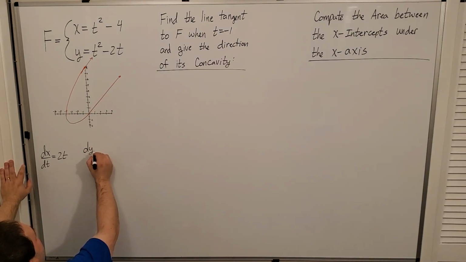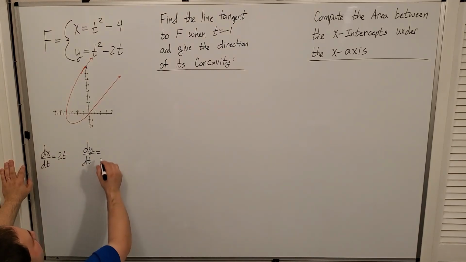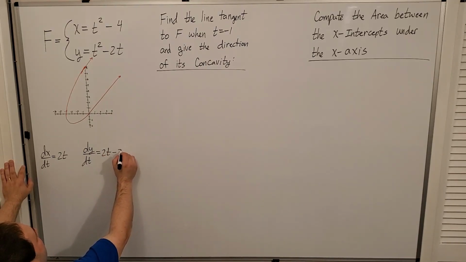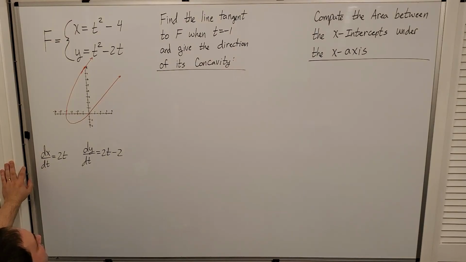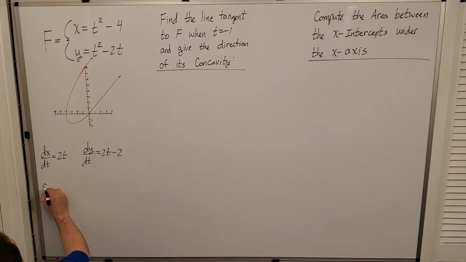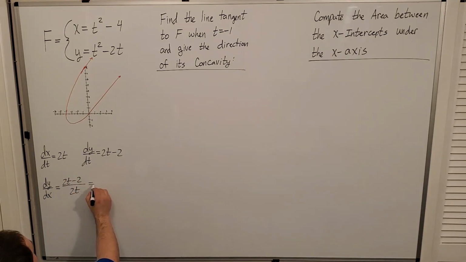And dy/dt is going to be 2t minus 2. So therefore, dy/dx is going to be dy/dt divided by dx/dt. 2t minus 2 over 2t, which I can reduce to 1 minus 1 over t.